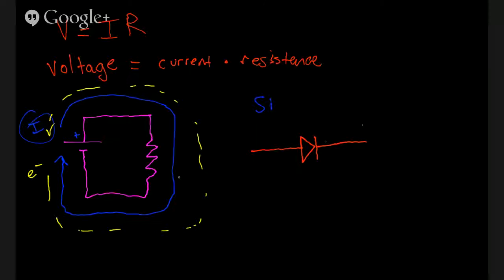And so in our diode, it's a two-terminal component, and we're not going to call that negative and positive end, but we're going to call that cathode and anode. And what a diode does is only allows current to flow in one direction.